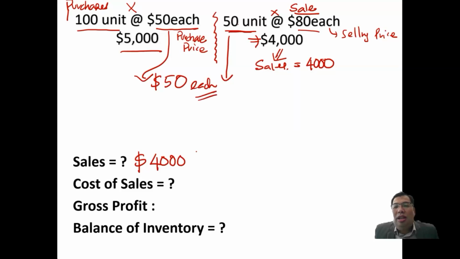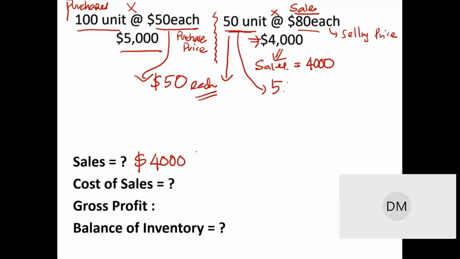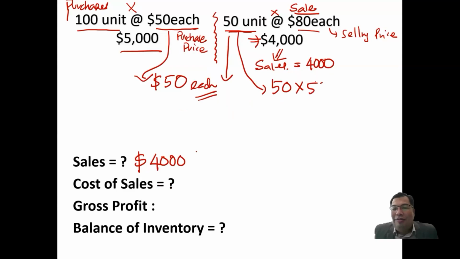If I sold 50 units, how much is the cost for these 50? The cost will be 50 multiplied by $50. So that gives me 2,500. So my cost of sale, the cost for the 50 calculators sold to my students, is 2,500.